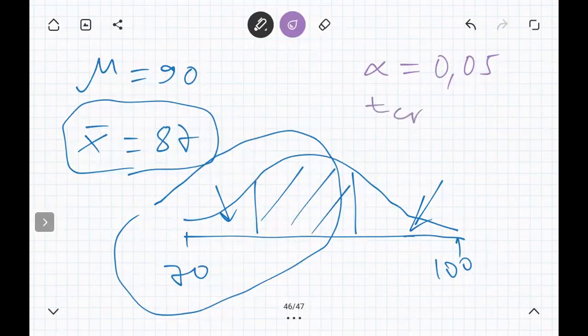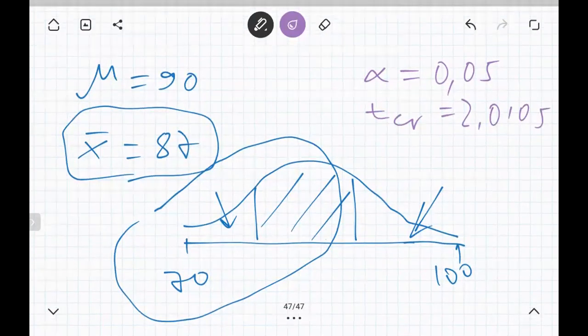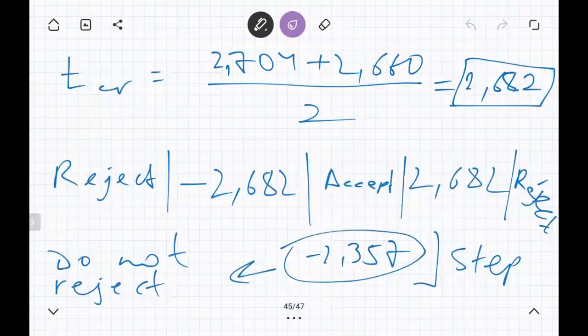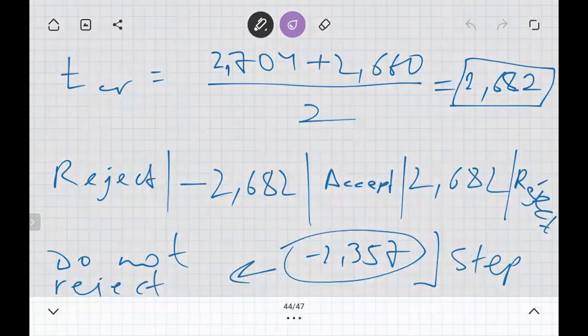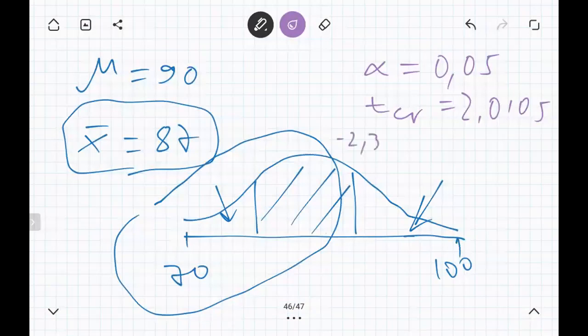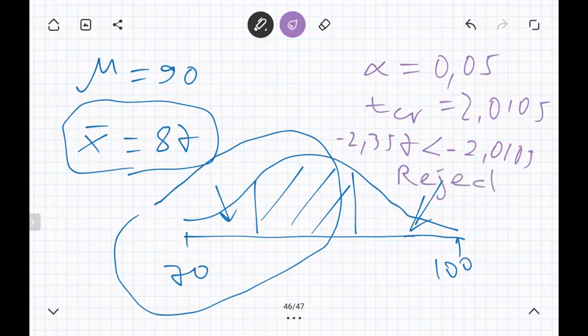So T critical is 2.0105 and my T score is minus 2.357. So minus 2.357 is less than minus 2.0105. So the same hypothesis will be rejected at 5% significance level.